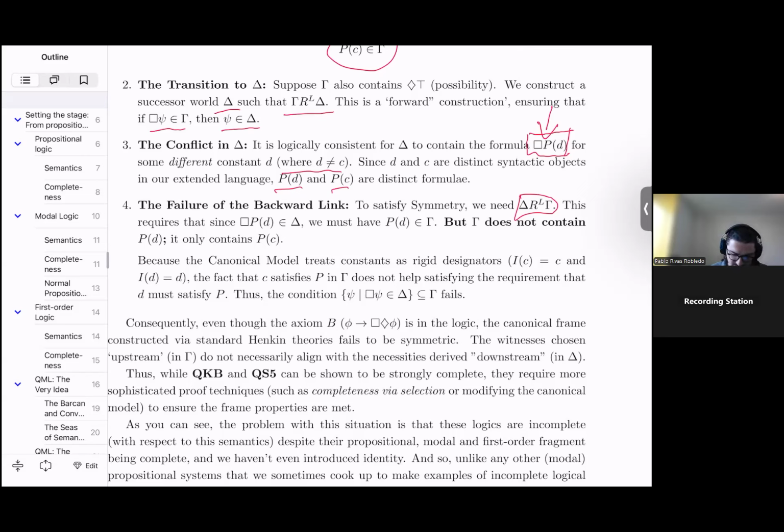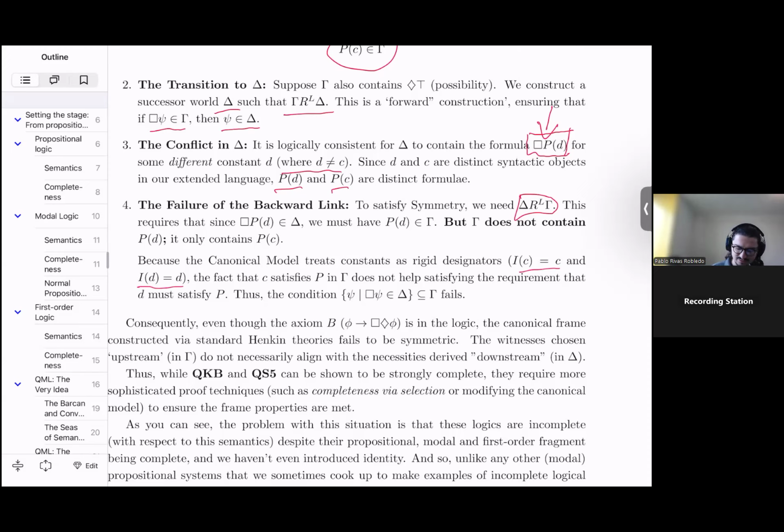But gamma does not contain D. It contains C. And let's suppose that C is the only object in the domain that has P. Because the canonical model treats constants as rigid designators, the interpretation is going to be the object itself.